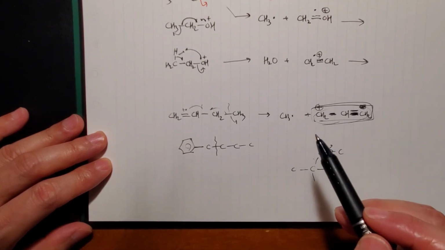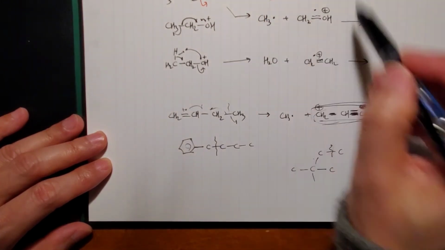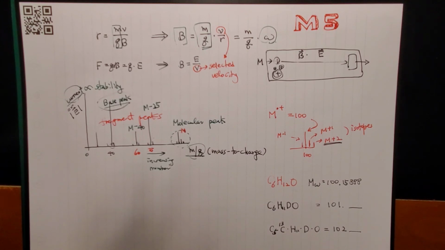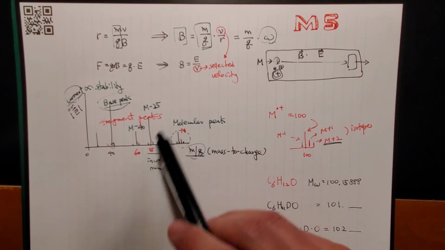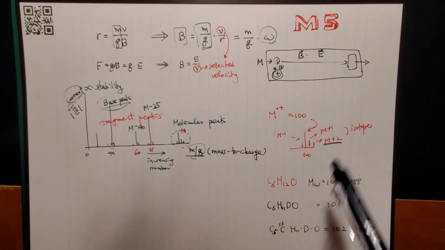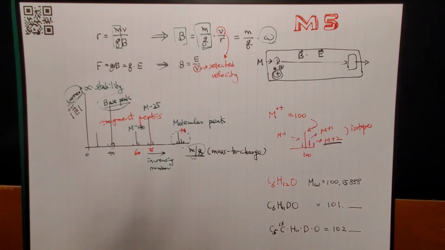And out of all these possible fragmentation mechanisms, you can also estimate which one is the most stable and think of the possible base peak. Okay, so let's wrap up. Look for the molecular peak and calculate the isotope peaks.